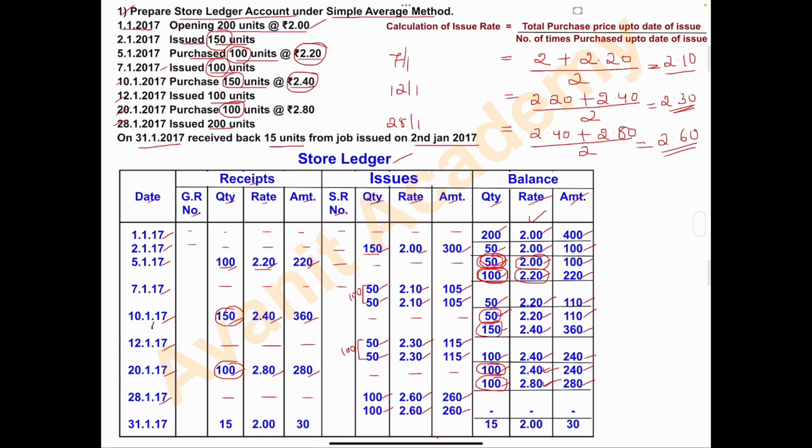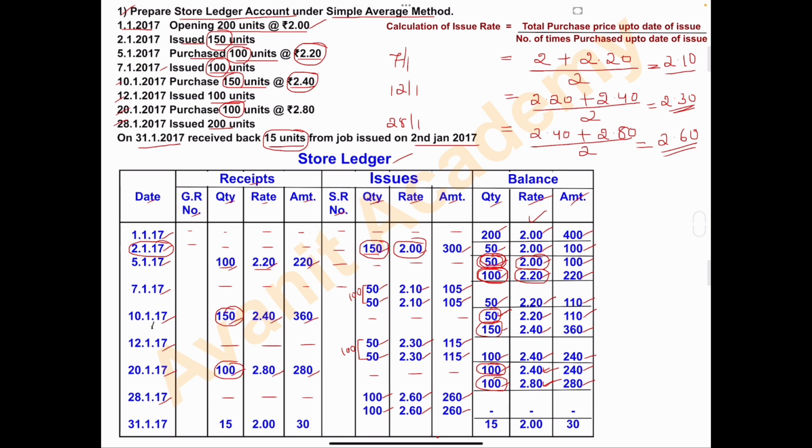See the 2nd January entry. On 2nd January we issued 150 units at the rate of 2 per unit. Out of these 150, 15 units the production department has returned to the store on 31st January, which were issued on 2nd January.